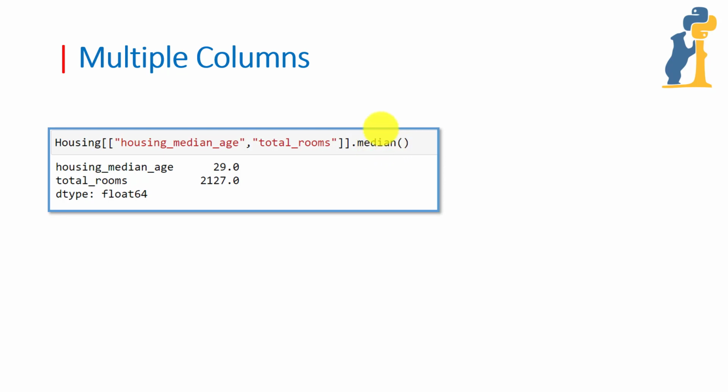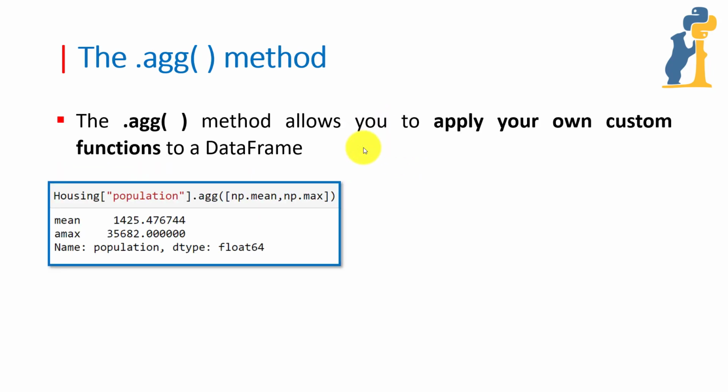If you want to get more summary statistics, not just one, you call the aggregate method. The aggregate method allows you to apply your own custom function to a data frame. While pandas and NumPy have tons of functions, sometimes you may need a different function to summarize your data.